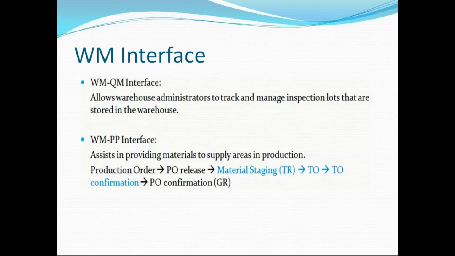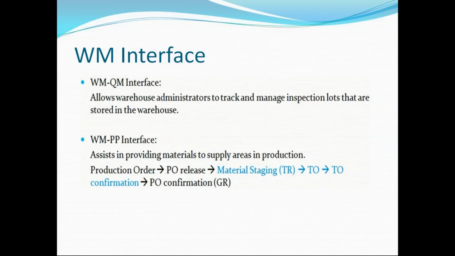So WM interfaces with QM. As I explained earlier, it allows the warehouse administrator to track and manage inspection lots that are stored in the warehouses. The WM-PP interface assists in providing material to the supply area in production. The cycle would be: the production order will be created and released.